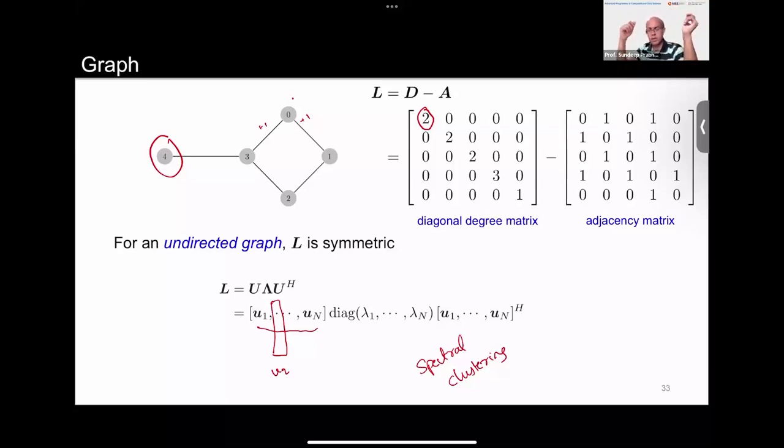What you would do in case of usual data is something called k-means clustering. But now, if there is a graph underlying that, you could use the second eigenvector to do spectral clustering. So this is just a side note for information that one could use with this Laplacian matrix. The Laplacian matrix and its eigenvectors convey a lot of information about the graph itself.